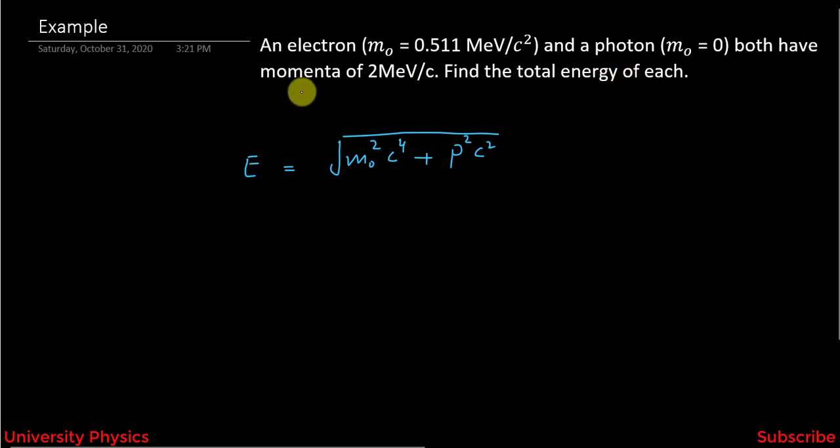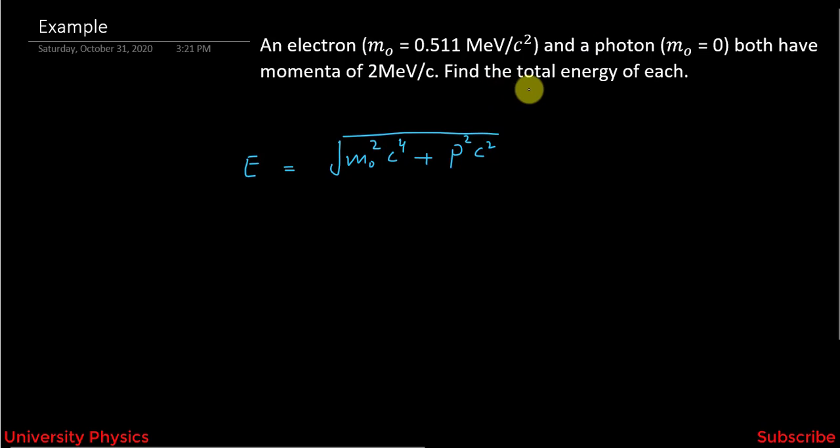So we have an electron whose rest mass is 0.511 and a photon whose rest mass is 0, and both have momenta of 2 MeV per c. We have to find the total energy of the electron and the total energy of the photon.